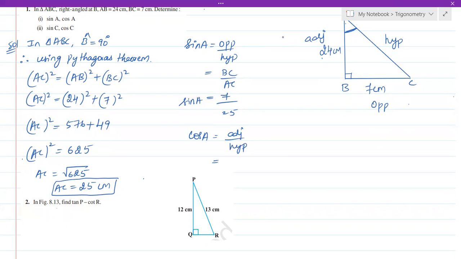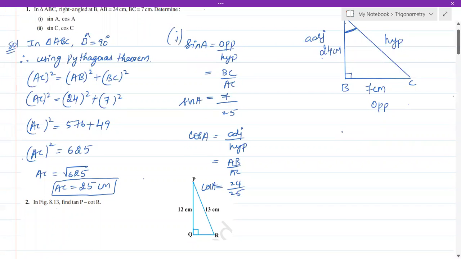Here adjacent is AB. AB value is 24 and AC value is 25. Therefore, cos A will become 24 by 25. This was our first sub question.